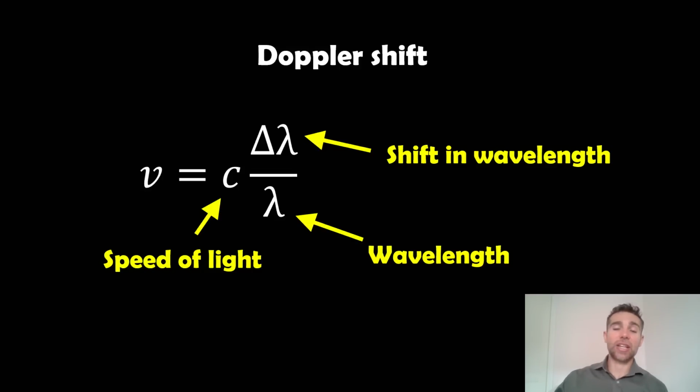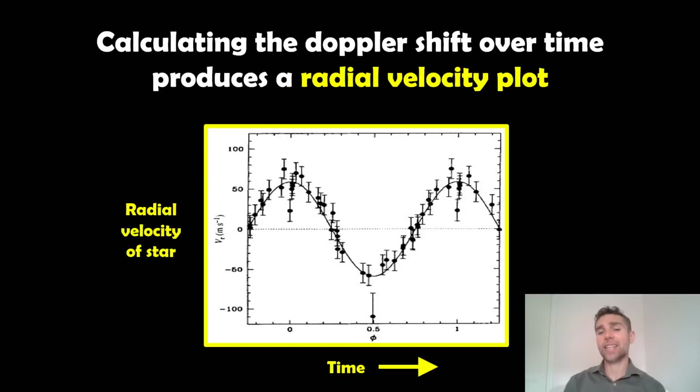If it moves, it gets shifted one way or another, and that would be your delta lambda. We then got the speed of light, and you can do a calculation yourself then to work out what the velocity might be. So we can basically work out the velocity by just measuring the wavelength of light given off by the rogue exoplanet. And over time, it might look something like this.